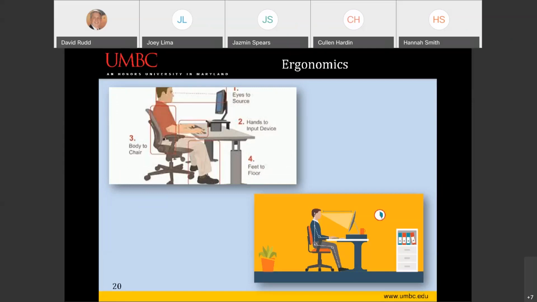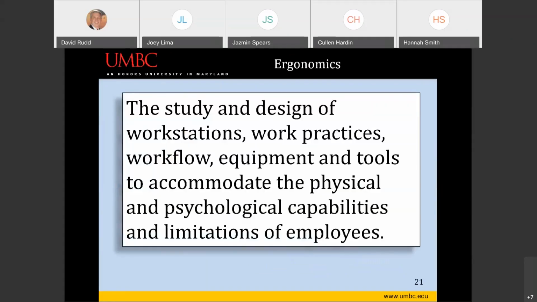Now let's look at another facet of job design, which is called ergonomics. Ergonomics is about designing for people. Ergonomics is really defined as the science of fitting a workplace to the user's needs.